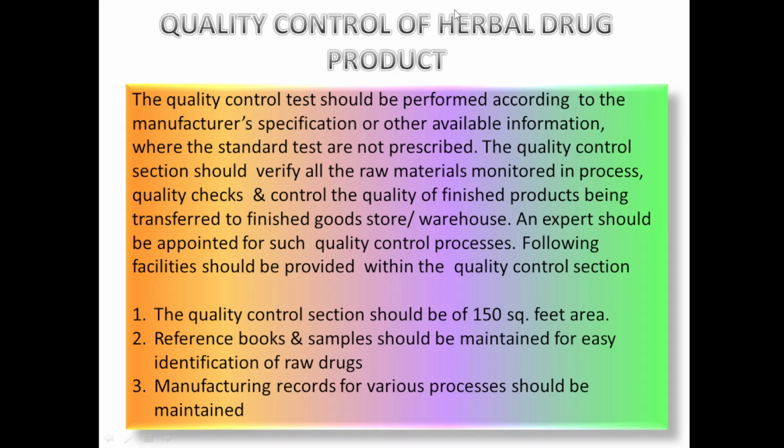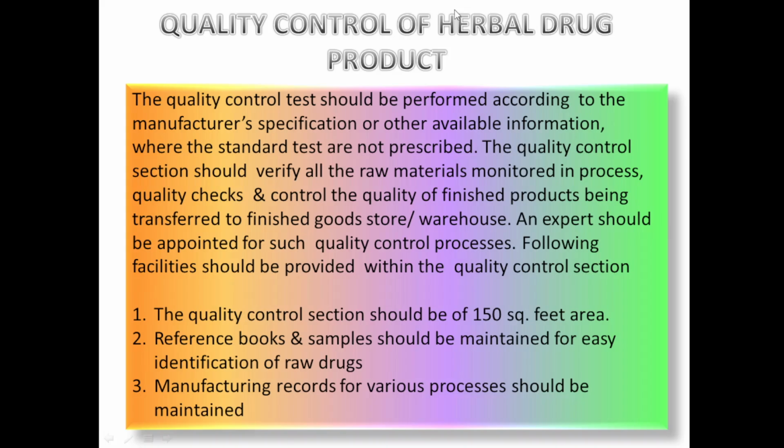Quality control section should verify all the raw materials, monitor in process, quality check and control the quality of finished product being transferred to the finished goods store or warehouse. So the quality control section should verify all the raw materials which are used to prepare any herbal formulation and also monitor the in process manufacturing of herbal formulation.